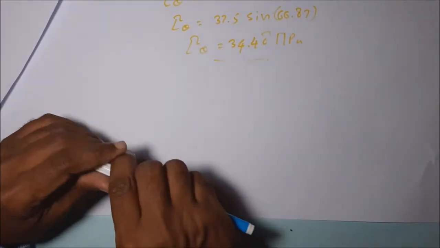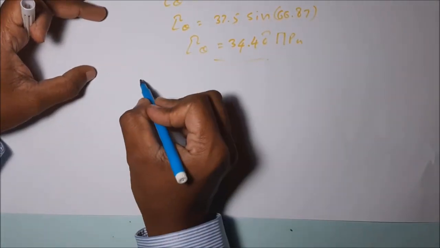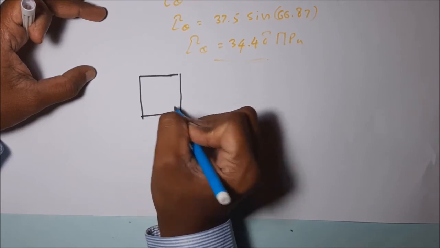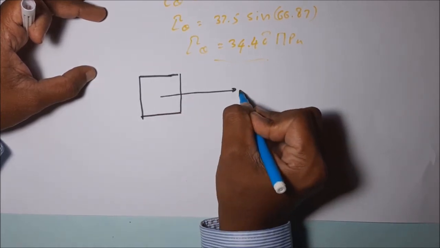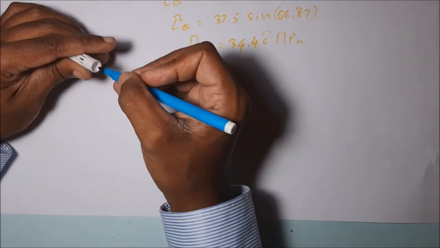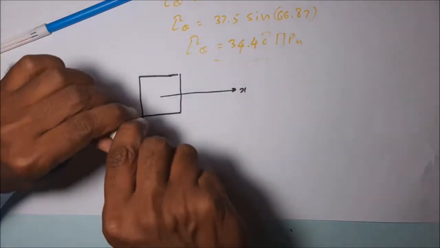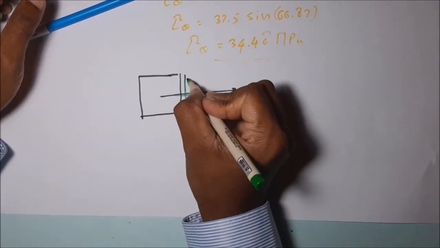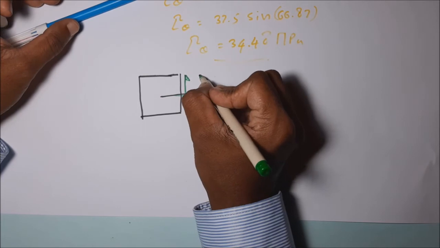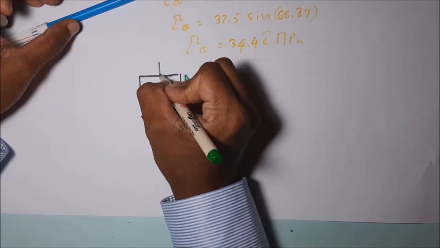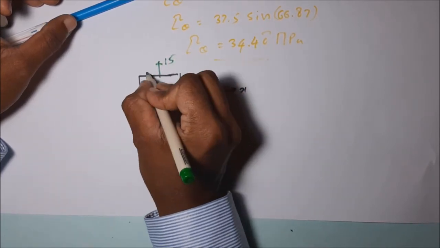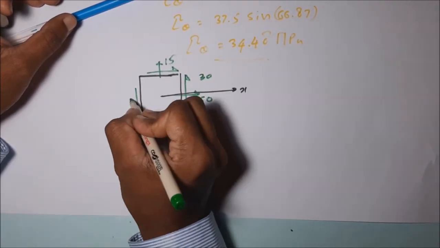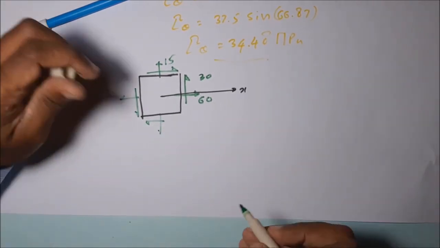These are the x coordinate values: 60, 30, 15.